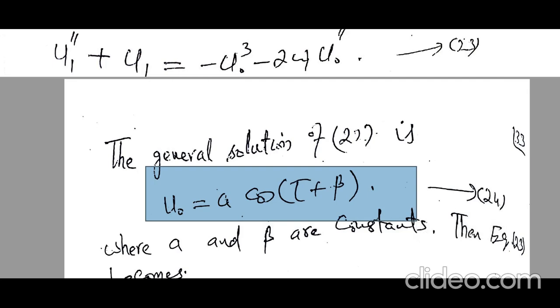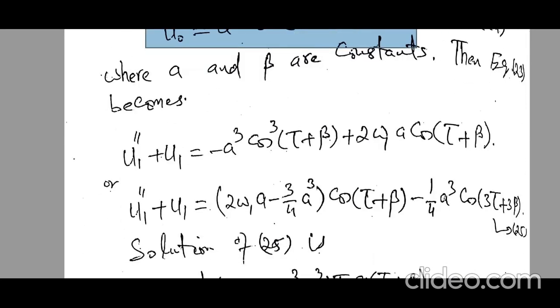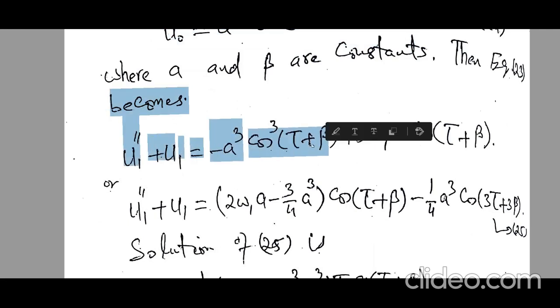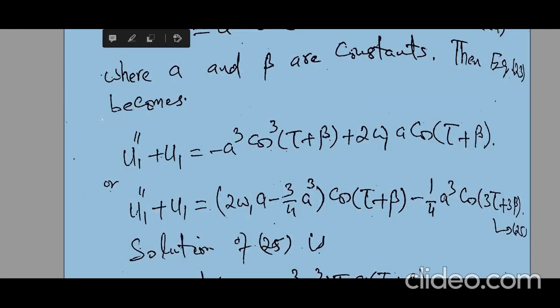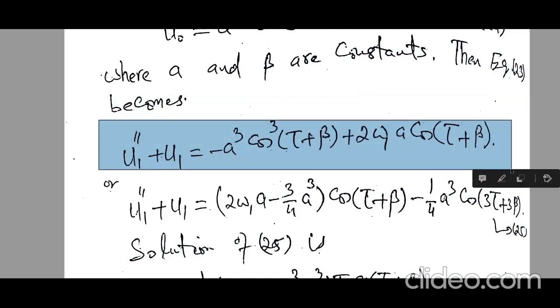Now putting the value of u0 in equation number 23, equation number 23 is given by this highlighted equation. Now we have to solve this equation.